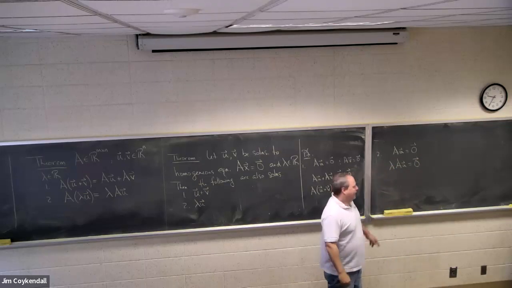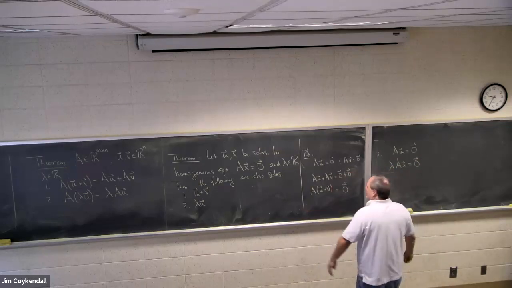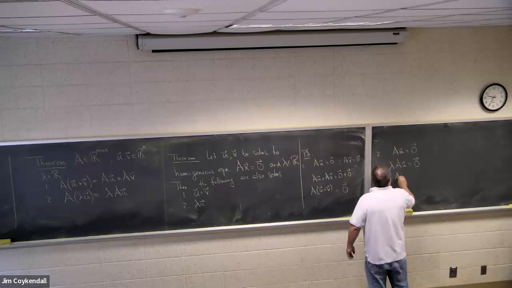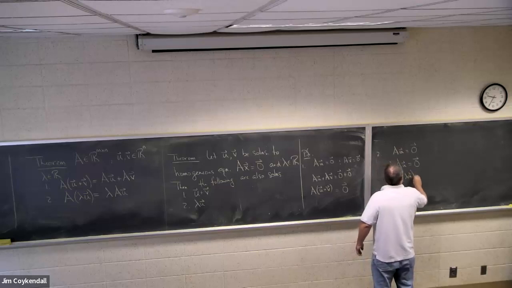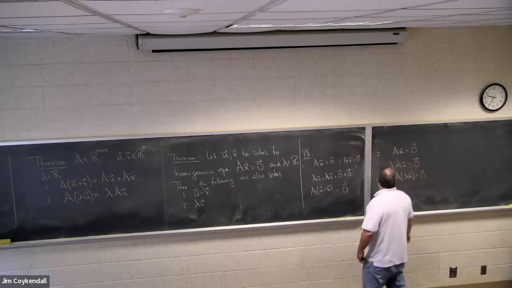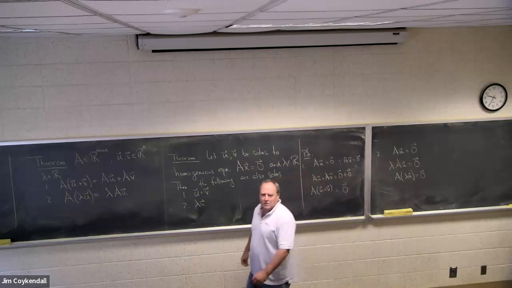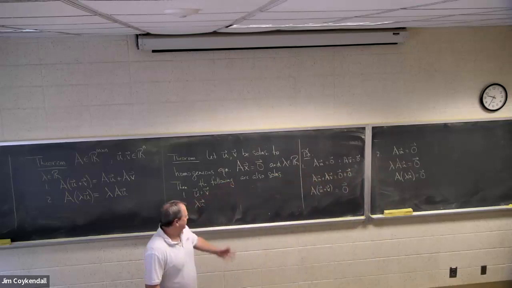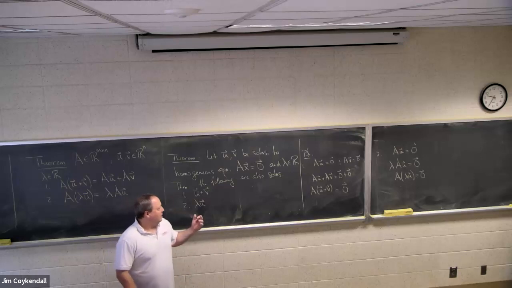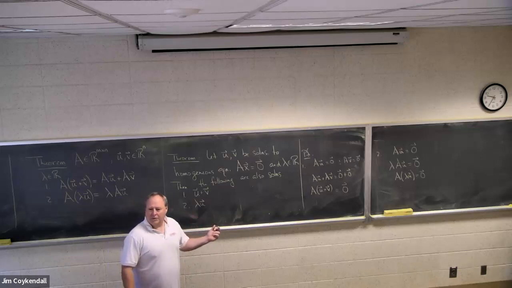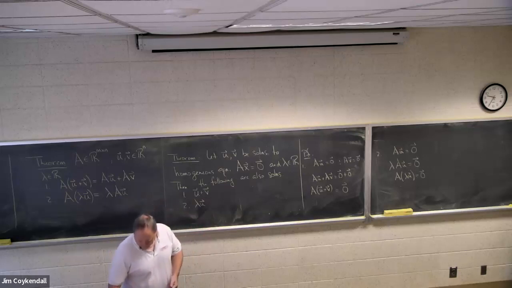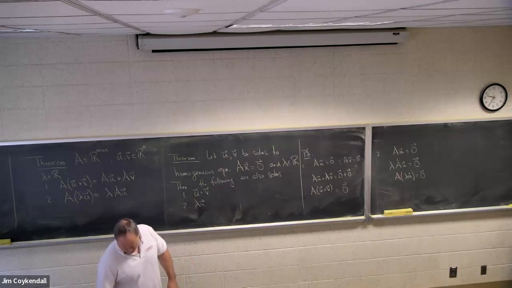And by part 2 of this theorem, this is A times c u. And there you go. So both scalar multiples of solutions are solutions and sums of solutions are solutions. That's kind of cool.